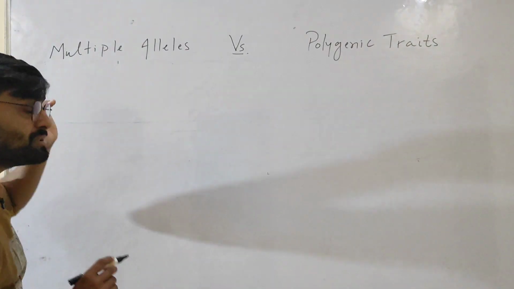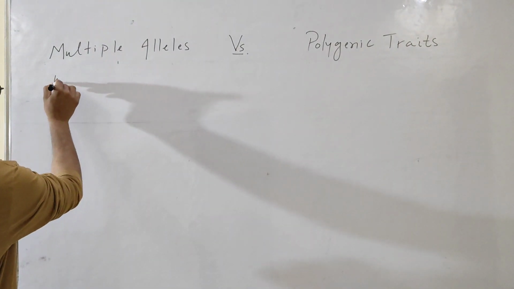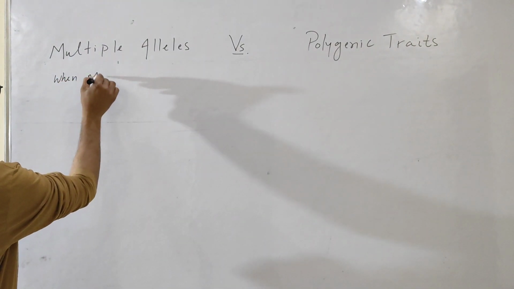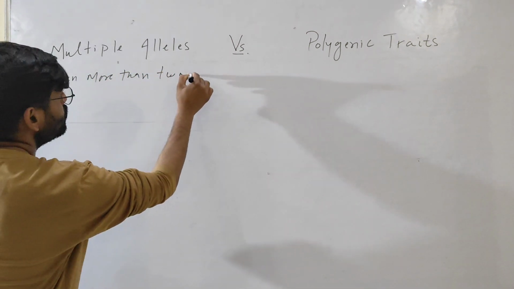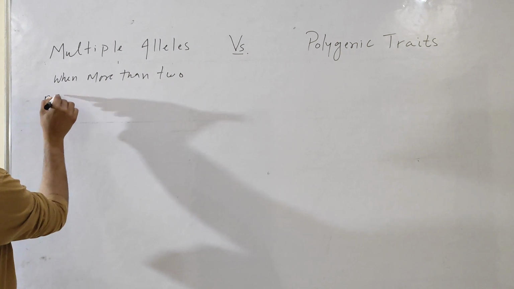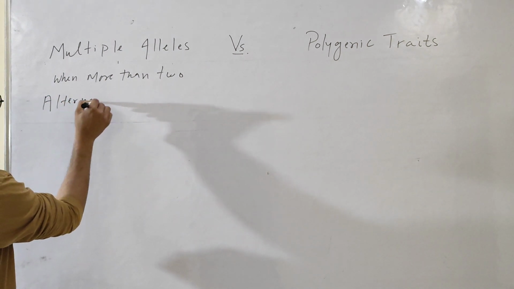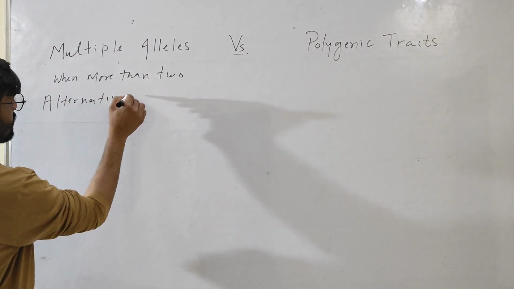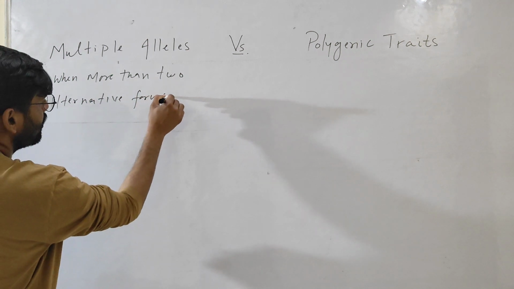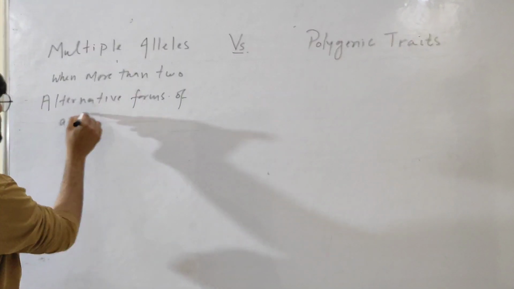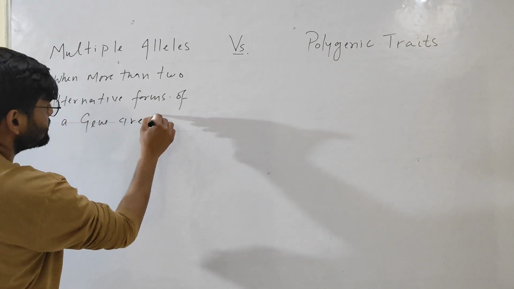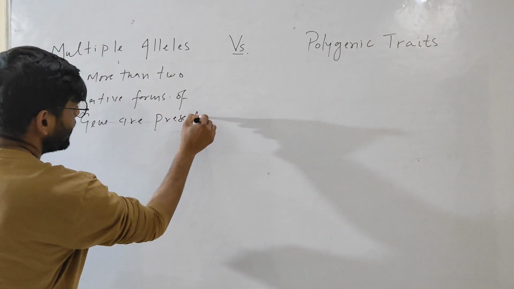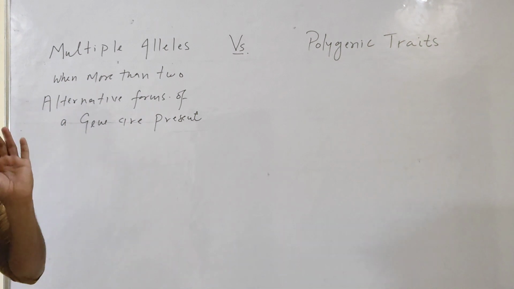So what is multiple allele? When more than two alternative forms of a gene are present, then it is called multiple allelism.